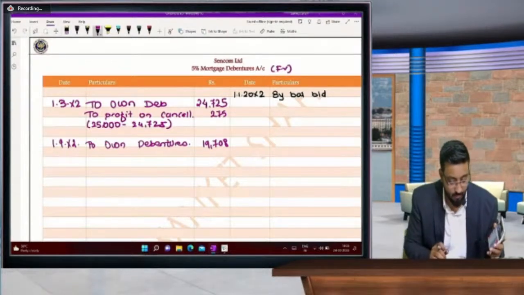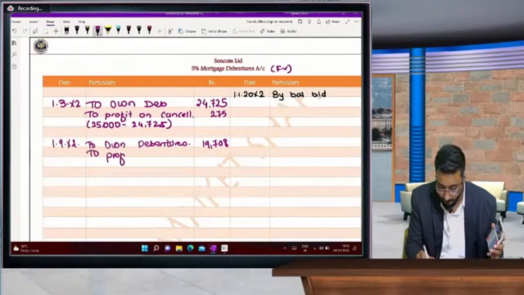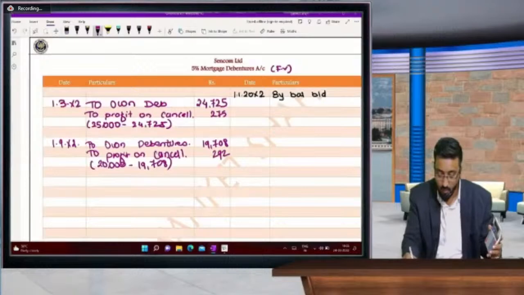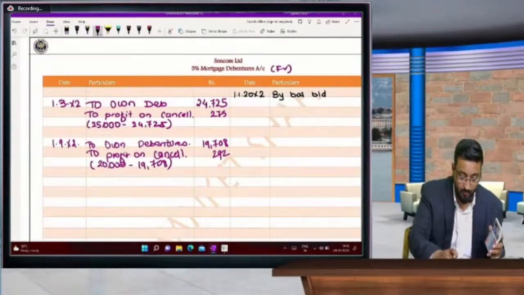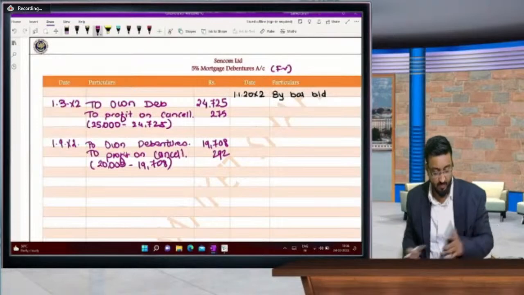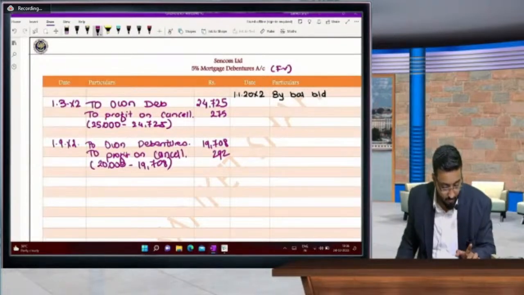So what is the profit on cancellation, sir? ₹20,000. ₹292, sir. Who answered very fast? Let's see who answered very fast. $922. Neha Gupta, wrong, beta. How is it $922?